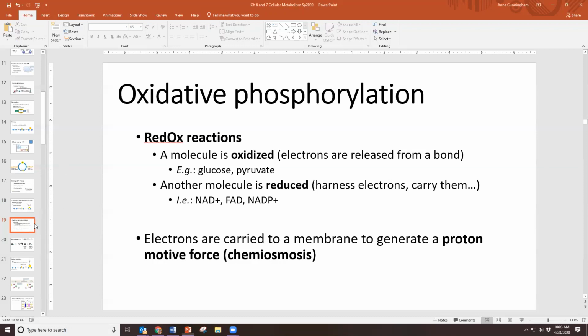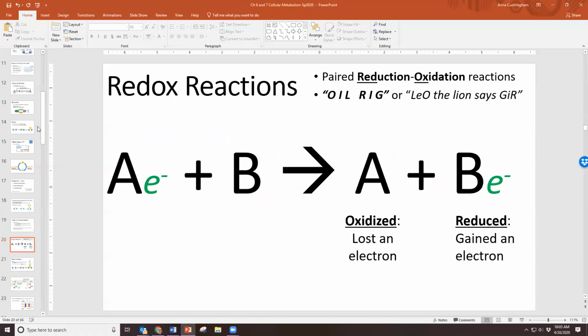So first off, what are redox reactions and how can we remember this? Let's say we have this chemical reaction. We have two reactants, A and B, and these go through a reaction. We still have those two molecules, but you can see the electron is being moved around. A has an electron, and when it goes through this reaction, A loses that electron.